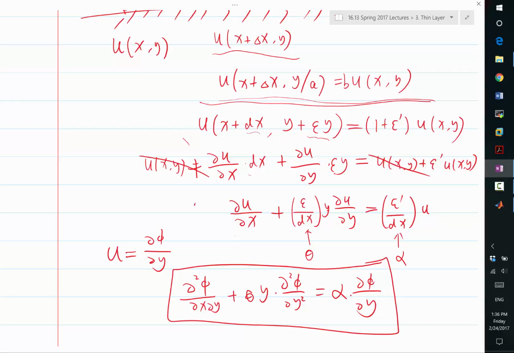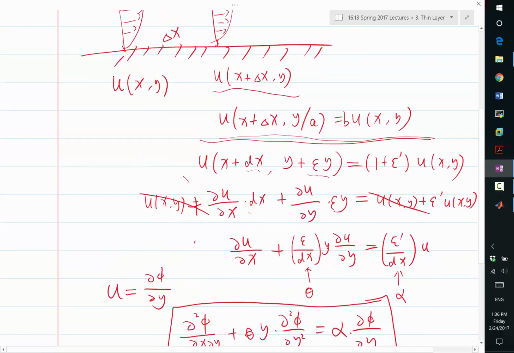Our goal is to use the self-similarity to reduce the independent variable x so that I can have an equation that is only in y, that allows me to solve for the velocity profile just as a function of y out of these equations, right? So I know the solution has to be self-similar. The question is what kind of shape the self-similar solution would be, independent of x, right?